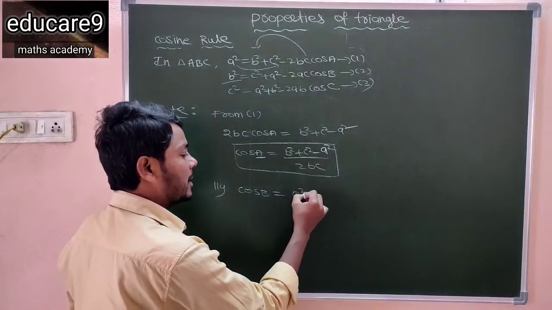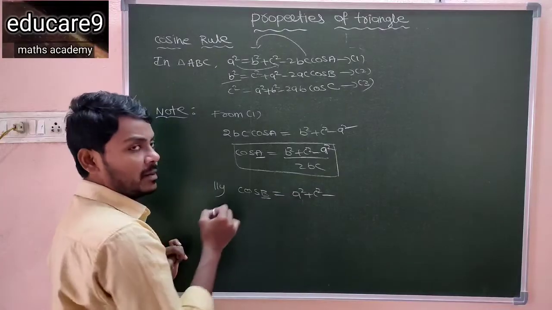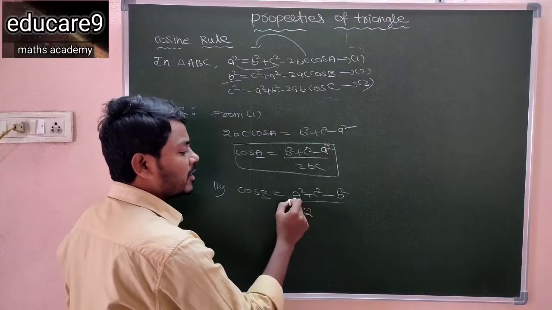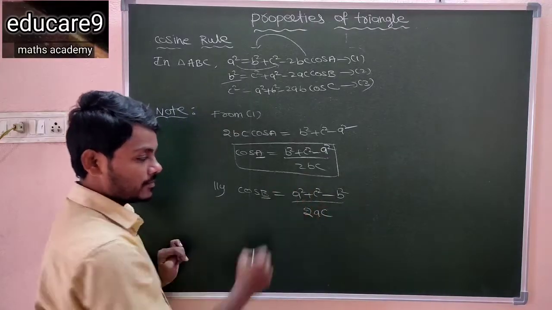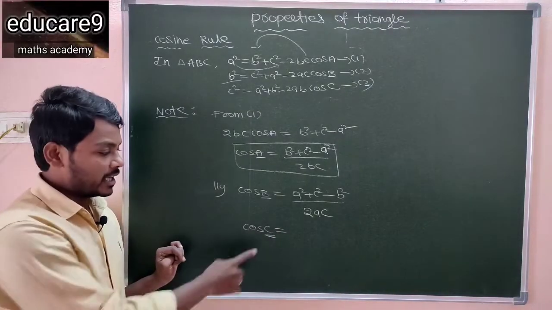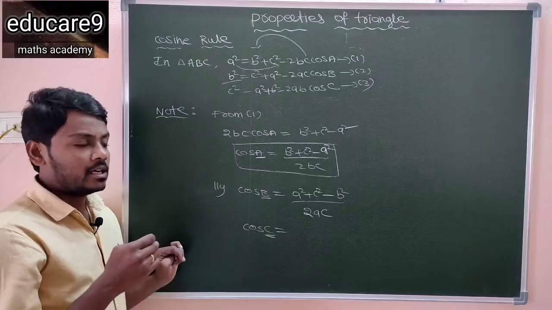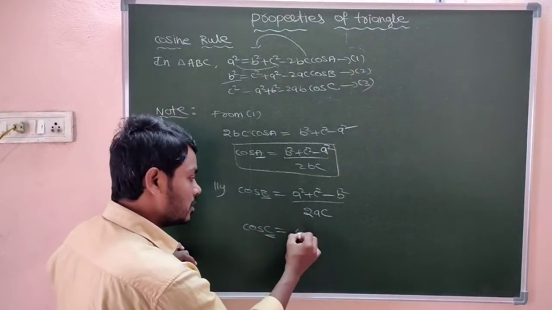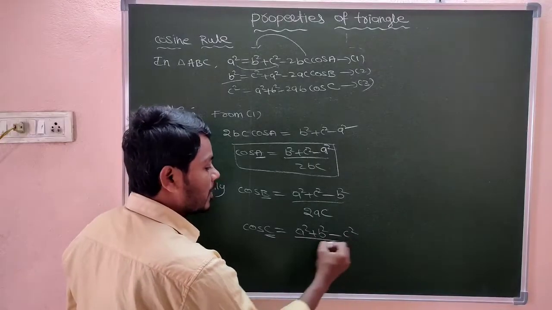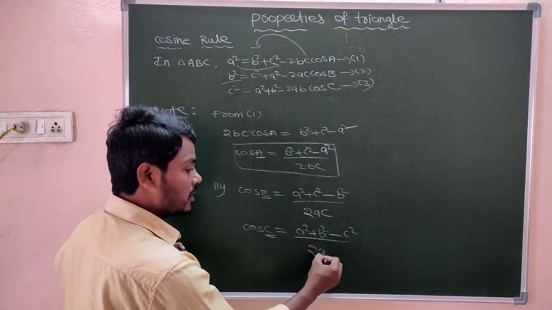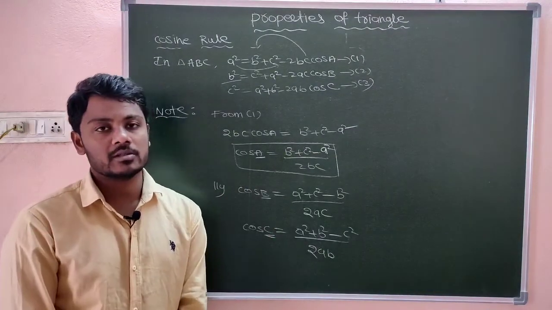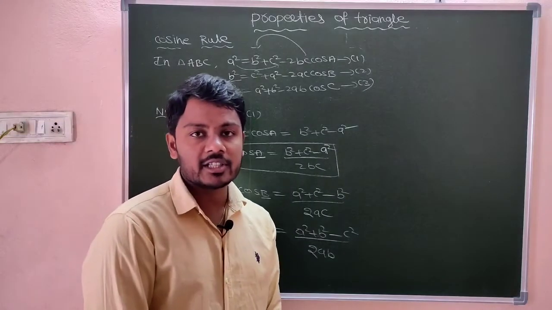So write a squared plus c squared, minus, since angle B, small b squared, by 2 times the first 2 terms, is cos B. And cos C: here capital C is there, first we have to write a and b, that is a squared plus b squared minus c squared by 2 times the first 2 terms. So these are the cos A, cos B and cos C formulas. So for the next session we will discuss more theorems.